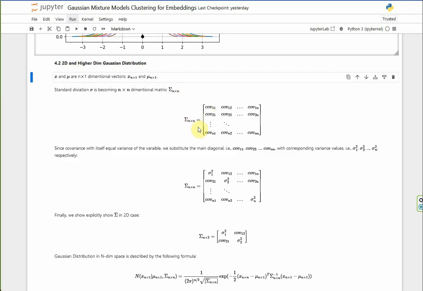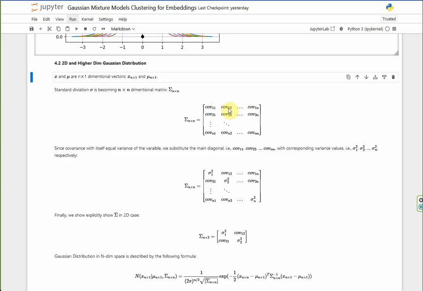And the structure of that matrix is that along the diagonal we will have the covariance between the variables of the same dimension. So basically dimension 1 with dimension 1, dimension 2 with dimension 2, and so on. And off the diagonal, we will have the permutation of covariances of the given dimensions.